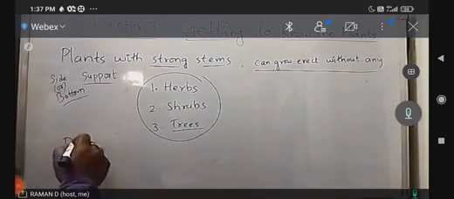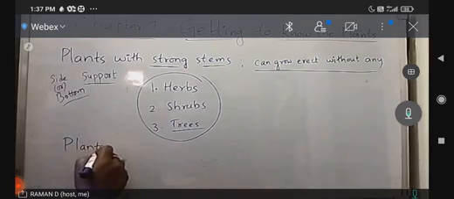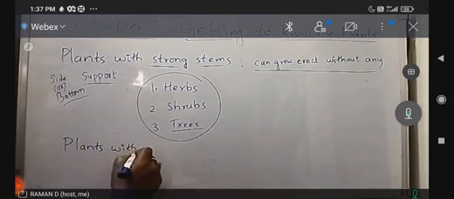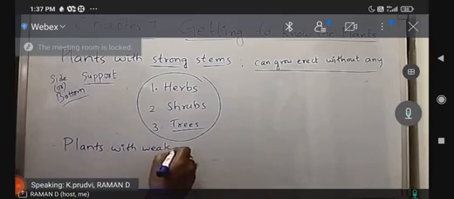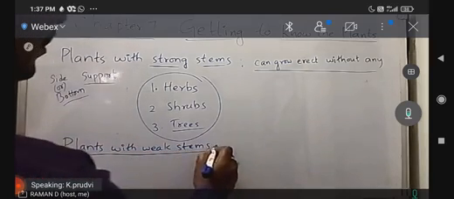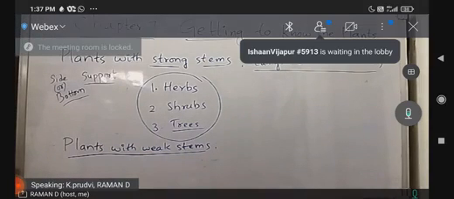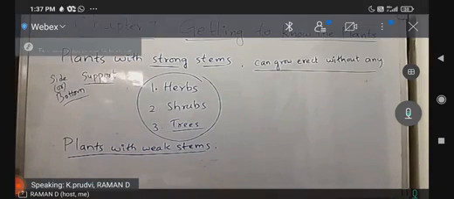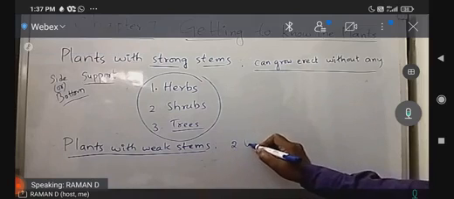Now let us move to plants with weak stems. The weak stem needs support. These plants are of two types: climbers and creepers.